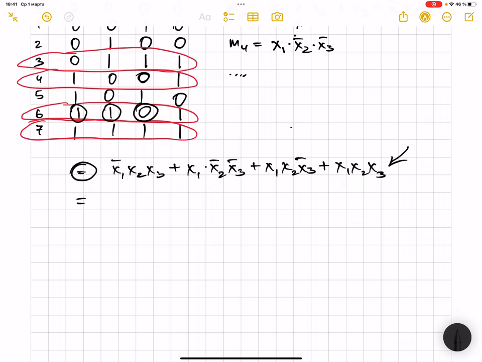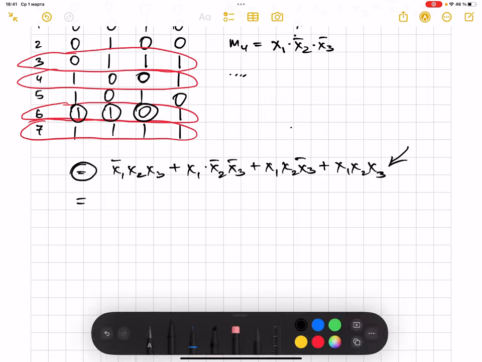Here, x2 and x3 are common. And here, x2, x3 are common. And here, x1 and x3 bar, x1 and x3 bar. So let's consider these as separate sets of inputs.